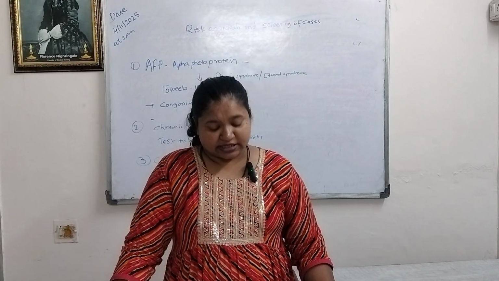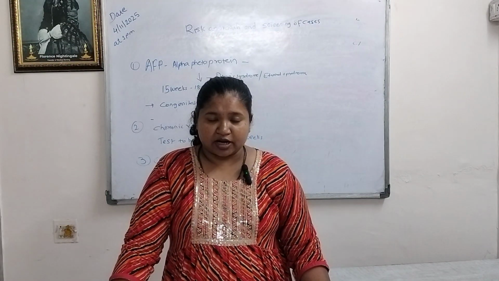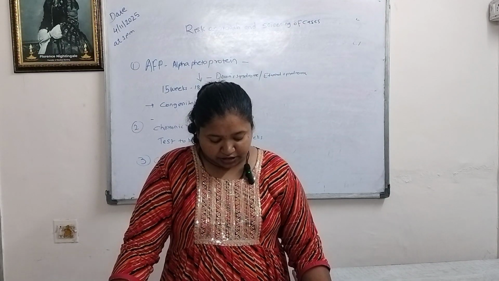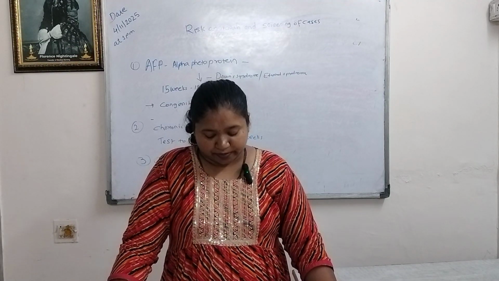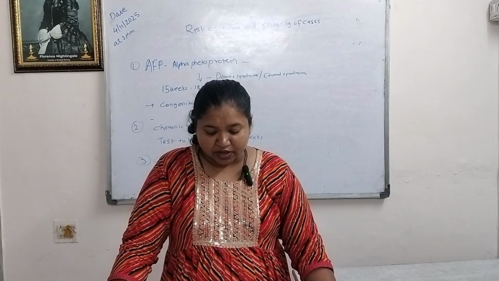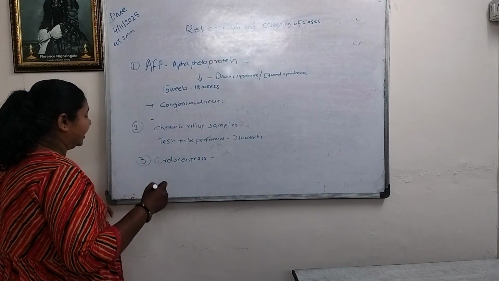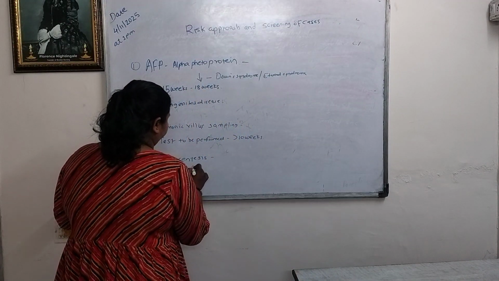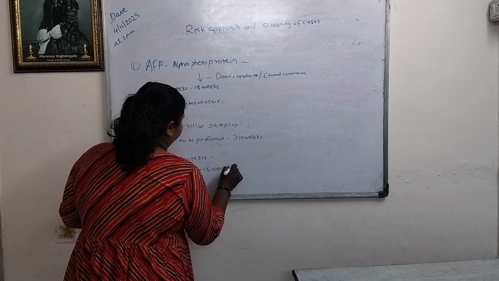What we are going to do in this test? In this test, a needle is inserted through the maternal abdominal wall under sonography guidance to puncture the umbilical vein of the fetus and collect 0.5 ml to 2 ml of fetal blood to test. This test has to be performed after 18 weeks of pregnancy.